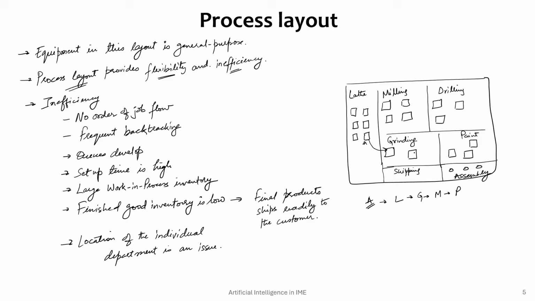After that you need to create a milling operation, right? And then you're drilling, finally it's the painting job, and afterwards assembly will go through all of these terminals and then you ship your product. So this is only for product A.